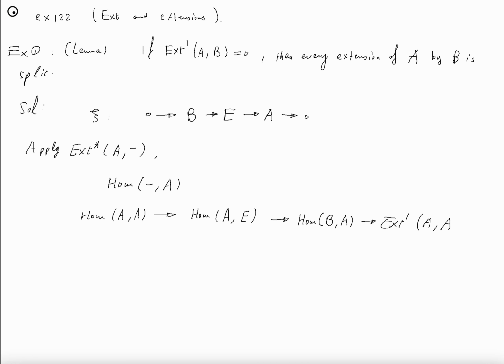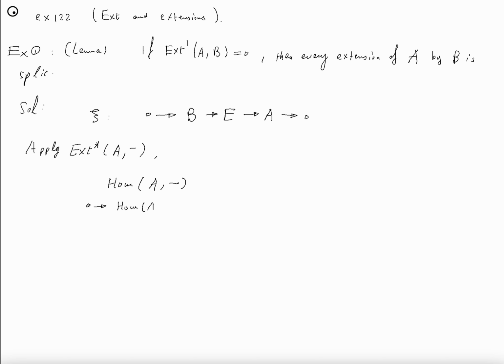So let me modify. I'm going to apply this covariant functor, and then Hom(A, B), Hom(A, E), Hom(A, A), Ext^1(A, B).